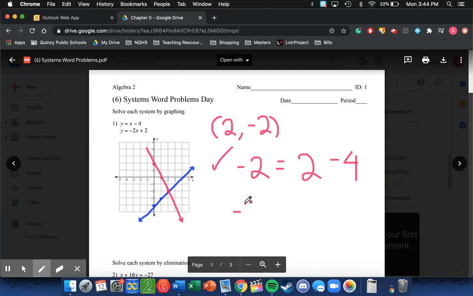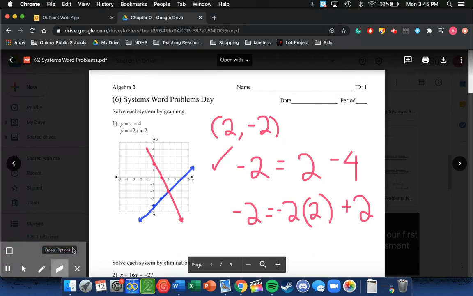Is negative 2 equal to negative 2 times 2 plus 2? It's a lot of 2's. The answer is yes. Okay, so now we've put together a good example for how to solve by graphing.